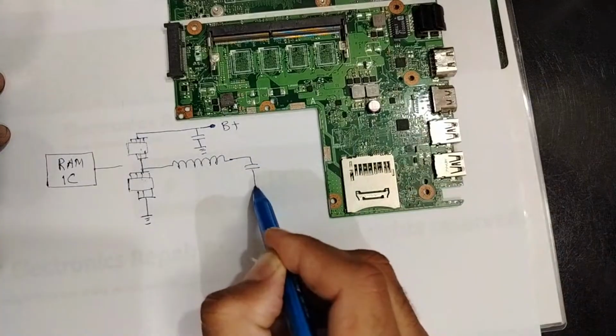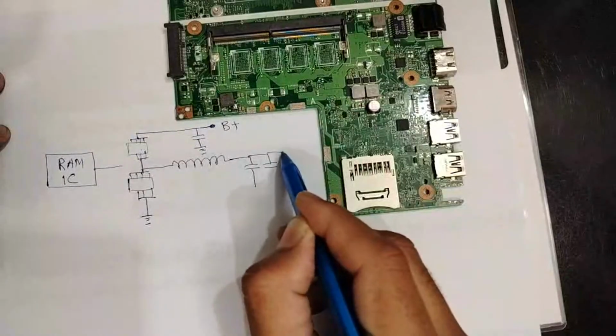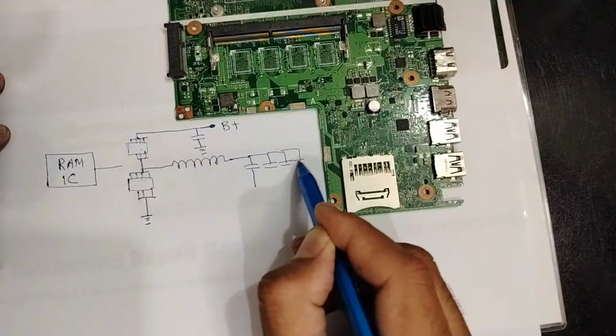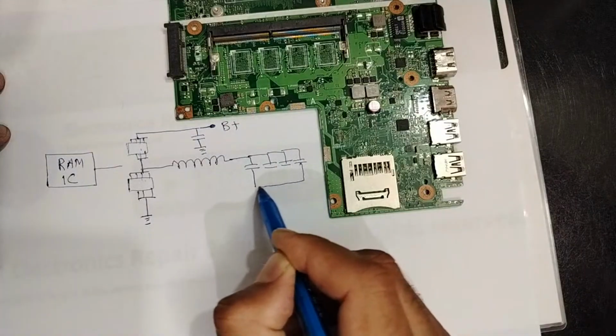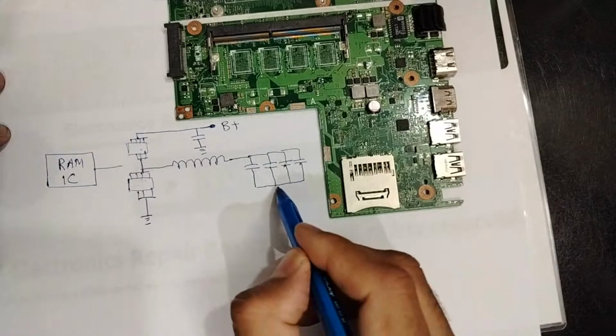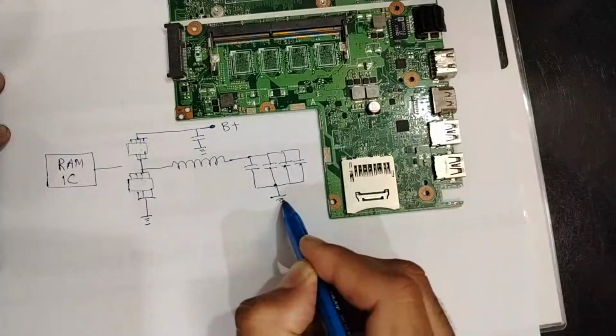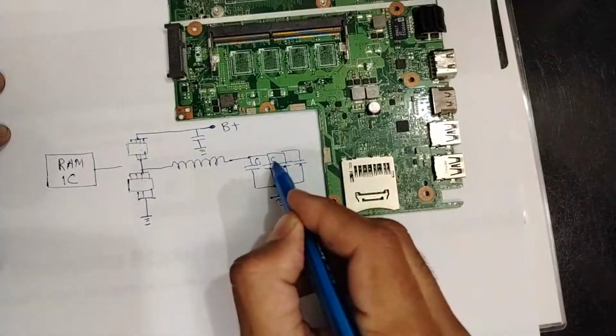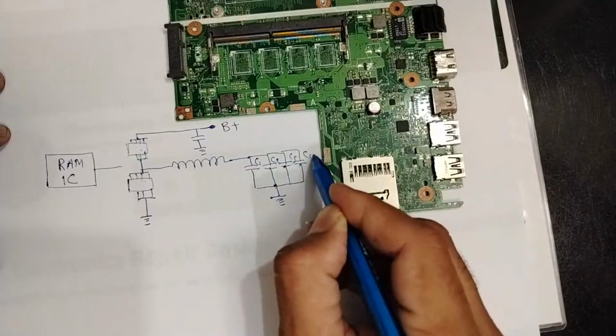We have the first, the second, third, fourth. 4 ceramic capacitors that are connected to the ground: C1, C2, C3, and C4.